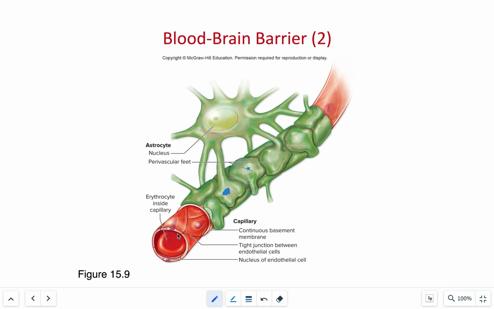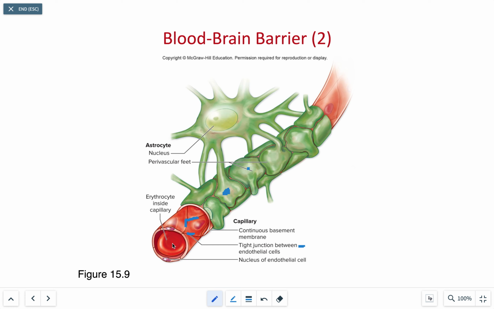And within this, what we see is that lipid-soluble compounds can enter freely. So nicotine, alcohol, and anesthetics are permitted to pass through this blood-brain barrier. And for other items, the astrocyte would have to change the endothelial lining. And what we see is that there's a tight junction between each one of the endothelial cells, and we have a continuous basement membrane.